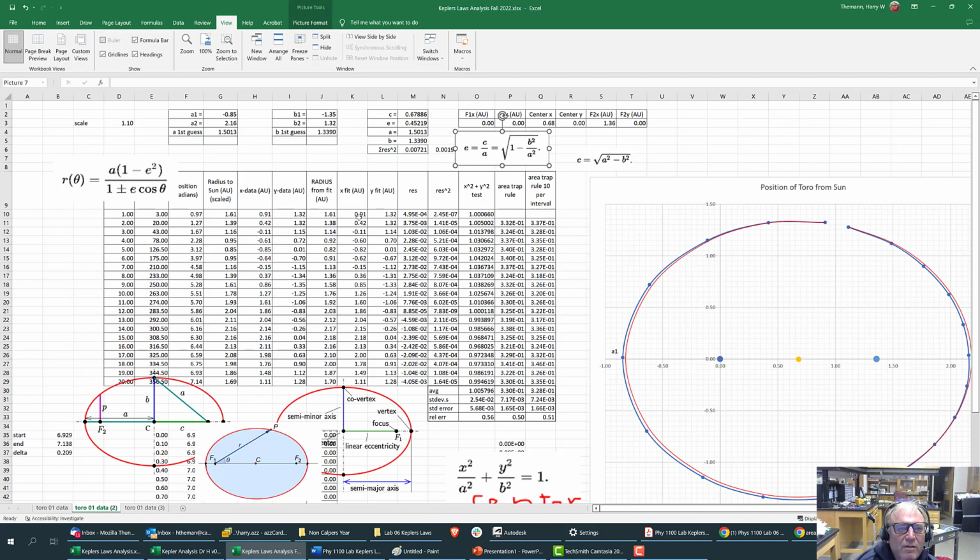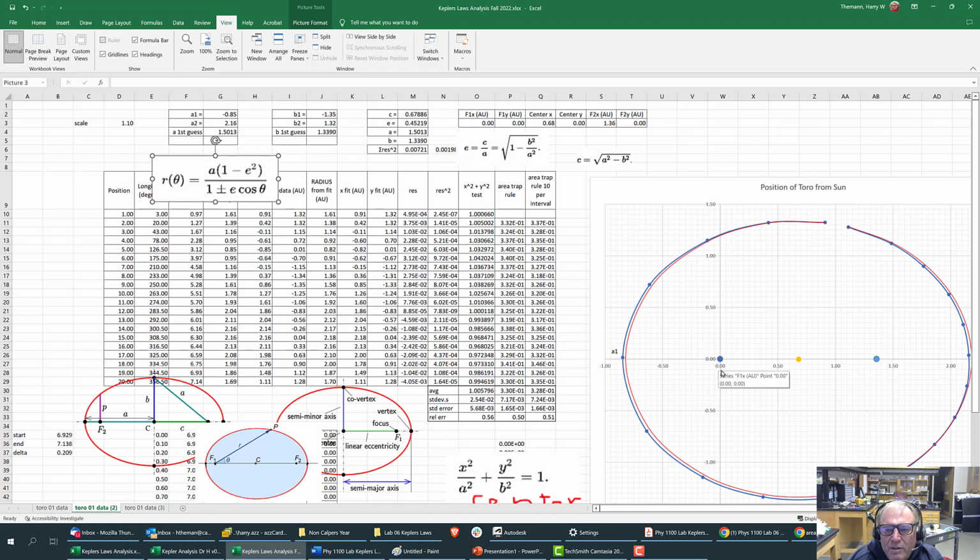And so I have my fit equation. So that's here, right? R is a function of theta, and we're using it from the focal point, just as it's shown here. That means we multiply the A value times 1 minus the eccentricity squared, divided by 1 minus E cosine theta.